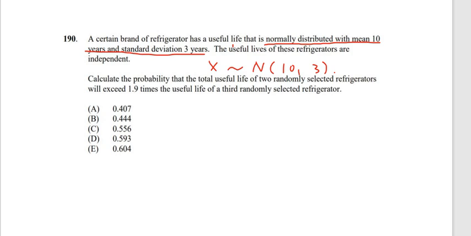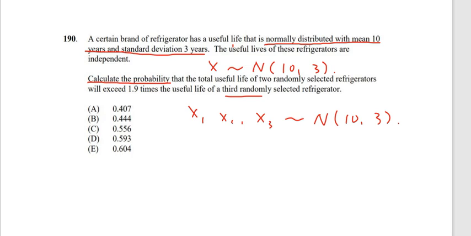So what do we want to find? We want to find the probability that the total useful life of 2 refrigerators will exceed 1.9 times that of a third. So we pick 3 of them, x1, x2, x3, and all of them follow the same distribution, right?